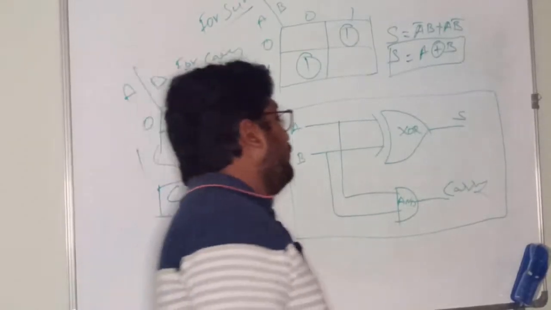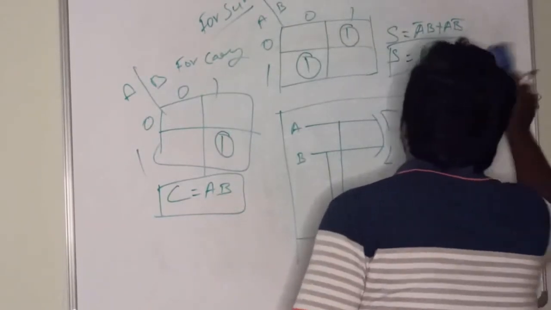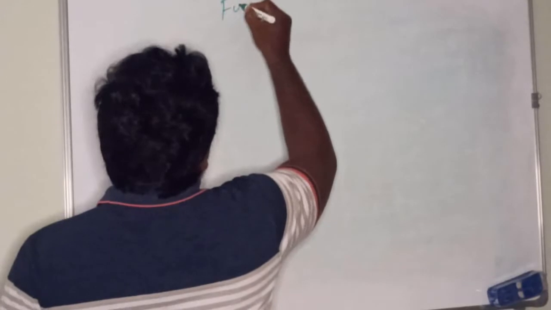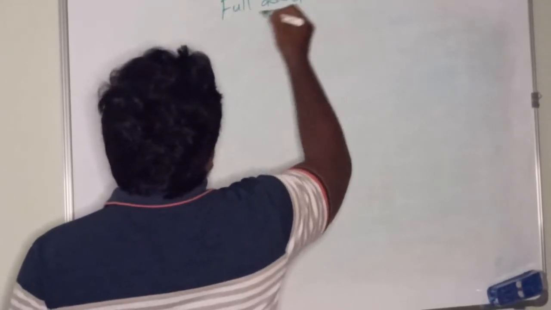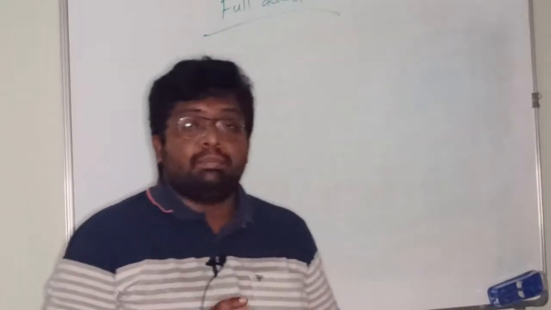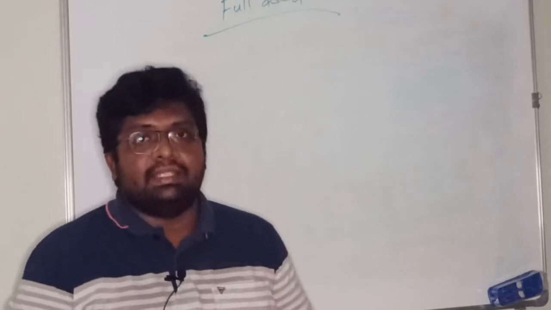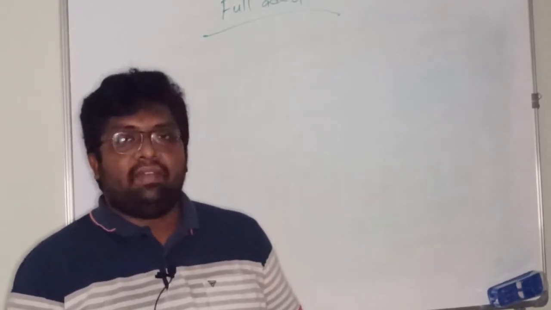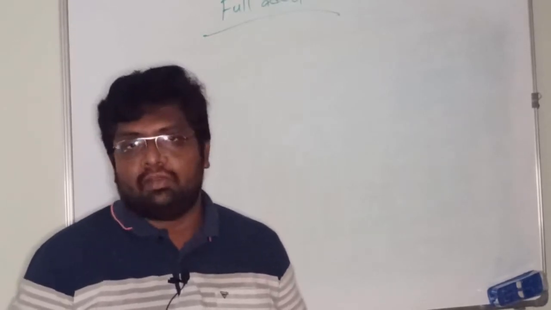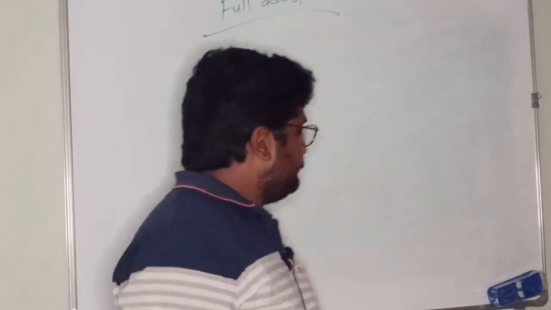So now let us see the full adder representation. The full adder is nothing but it performs the addition of 3 binary digits. As we have seen, the half adder performs the addition of 2 binary digits, and the full adder performs the addition of 3 binary digits.